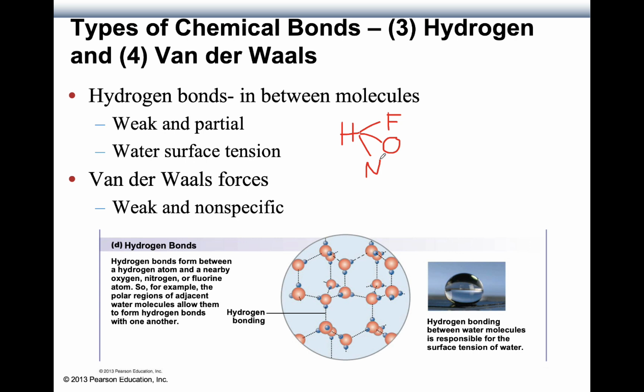Anytime there's a bond between a fluorine and a hydrogen, an oxygen and a hydrogen, or a nitrogen and a hydrogen, these are called hydrogen bonds. These are intermolecular forces. So here we have one water molecule. Here we have another water molecule. In between the water molecules, we have a hydrogen bond, bonding the blue hydrogen of one water to the red oxygen of another water.